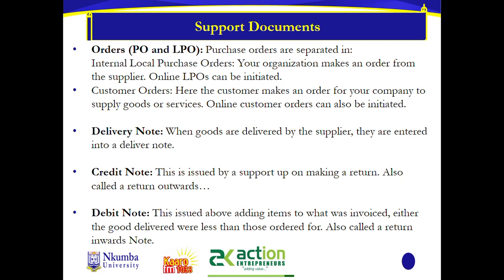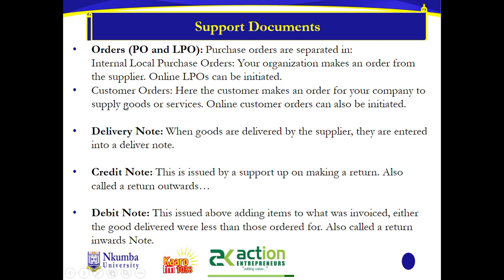The delivery note helps the supplier to confirm with you that you have received the goods in the right order and quantities. Mainly the delivery notes help the supplier. So this is an LPO, an order note.